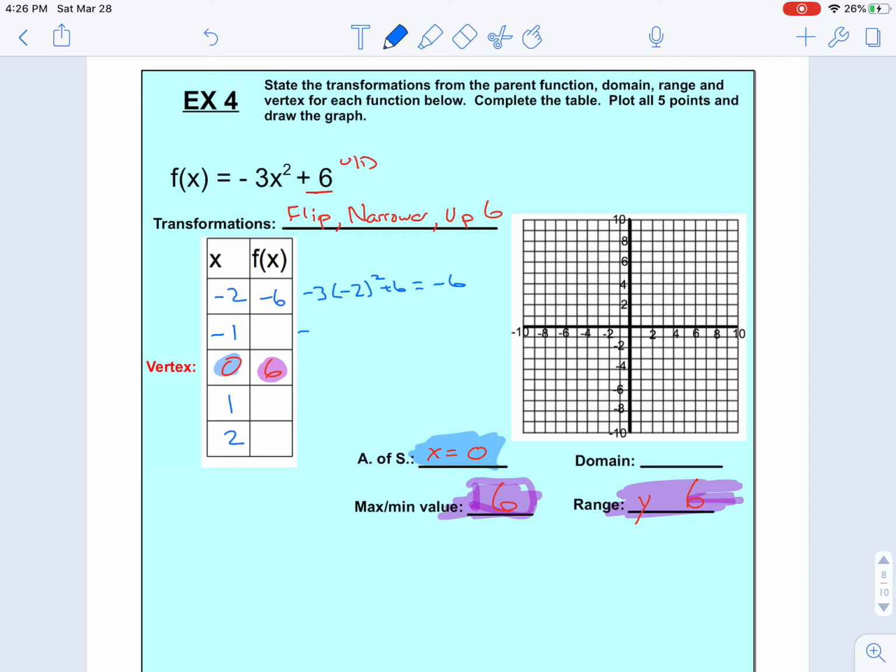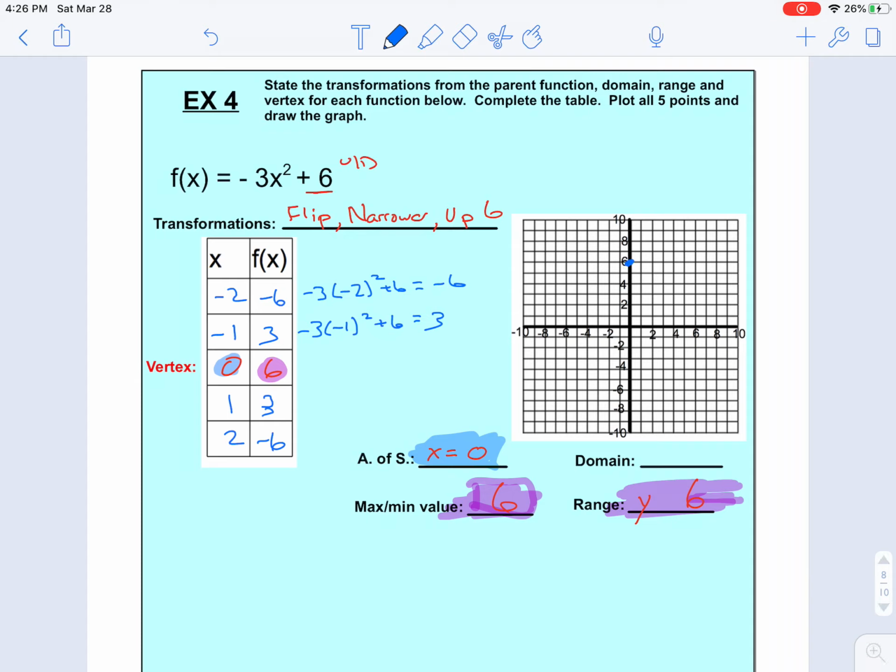We got to square that before we can do the multiplication. So I get -6. All right, -3 times -1 squared plus 6 is equal to, all right, -1 squared is 1 times -3. So -3 plus 6 is +3. All right. And I'm just going to jot these down because I know they're going to work out the same way.